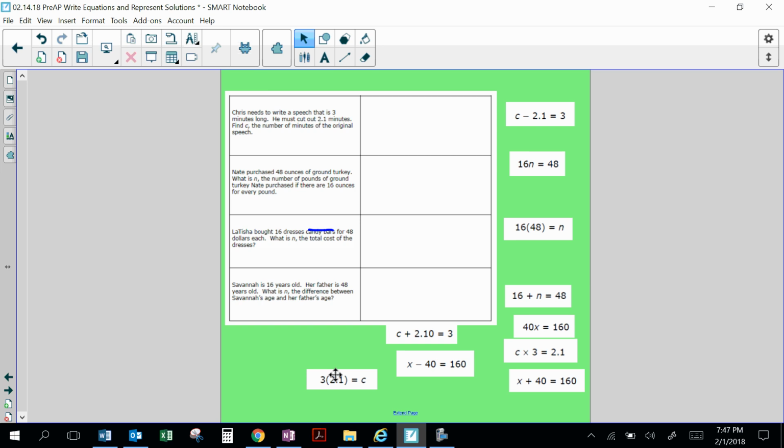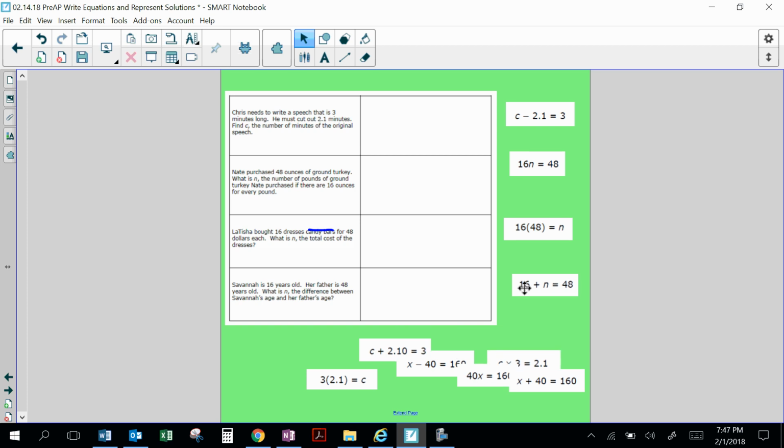Savannah is 16 years old. Her father is 48 years old. What is the difference between Savannah's age and her father's age? So where would this go? We're looking for 16 and 48. So 16 plus the age difference equals her father's age. So this one will be that one.